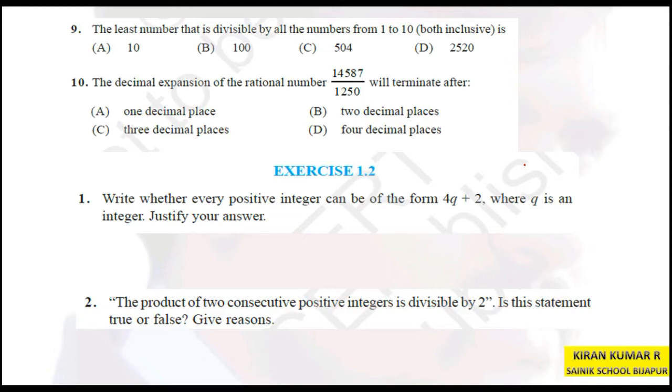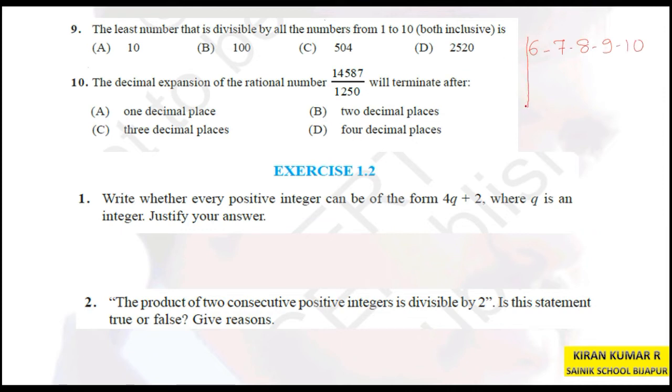To find the least number that is divisible by numbers 1 to 10, we need to find out the LCM of numbers 1 to 10.